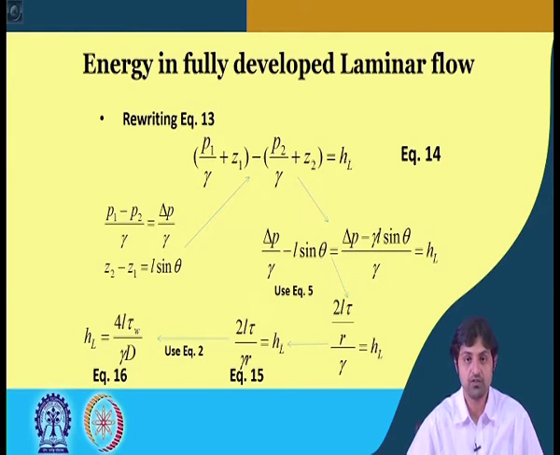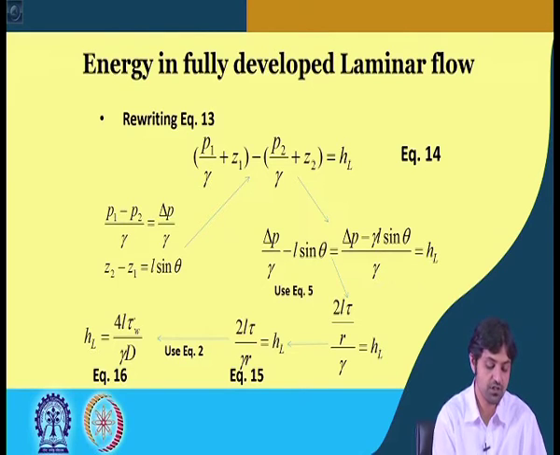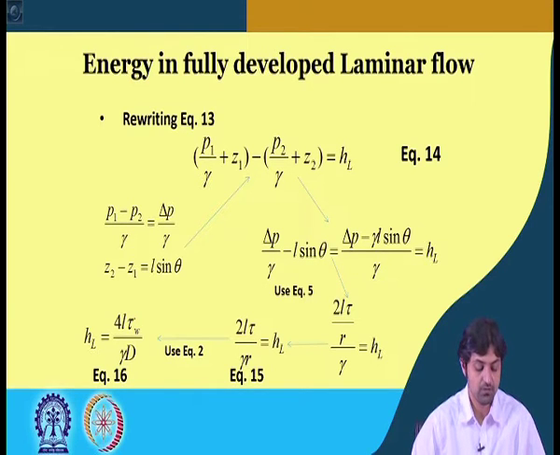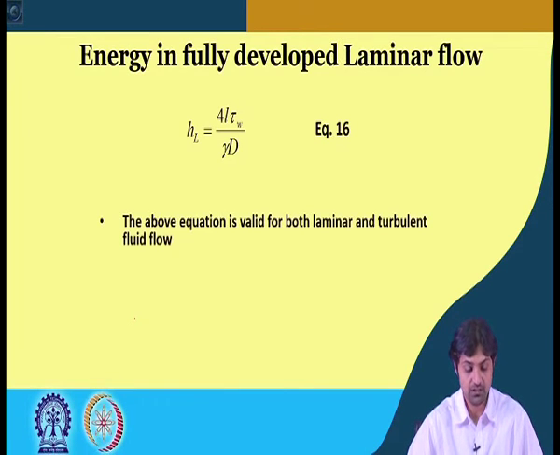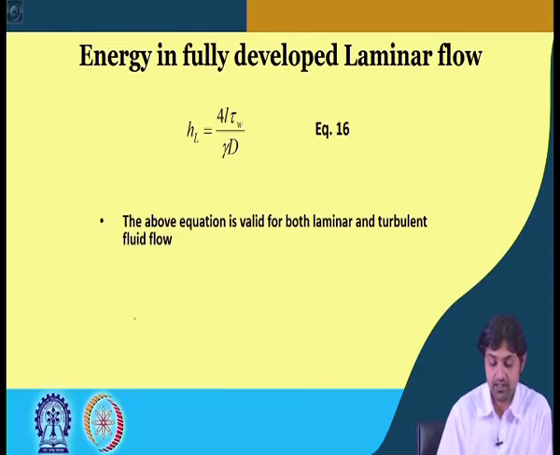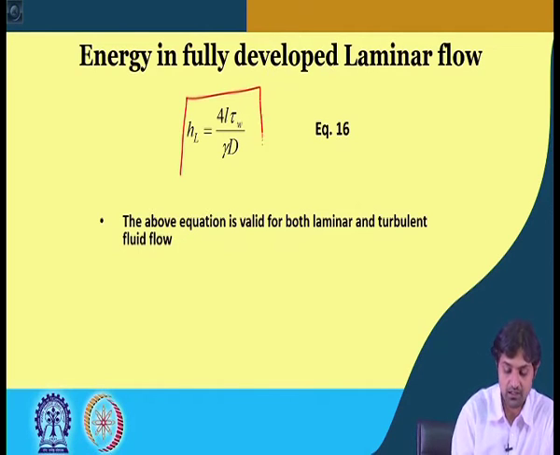It is just a matter of substituting one equation into the other and obtaining what we require. So, the beauty of this equation is that 4 L tau W by gamma D depends only on the wall shear stress. Now, we have written head loss as 4 L into tau W by gamma D. This is equation number 16, and this equation is valid both for laminar and turbulent flow.